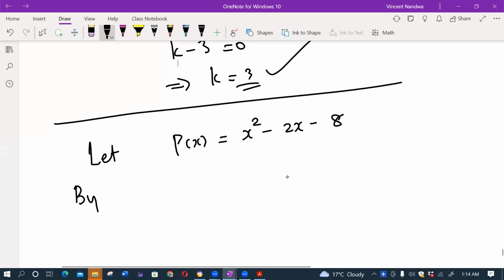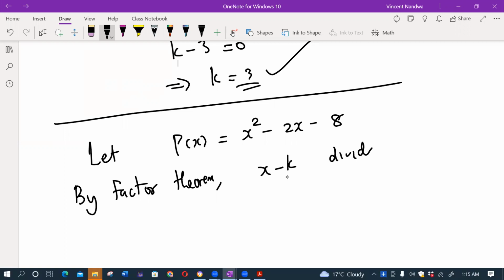Then by factor theorem, x minus k divides p of x implies p of k is equals to 0.